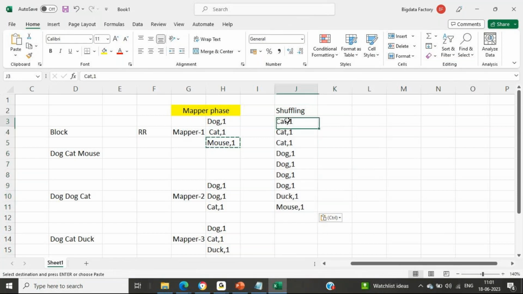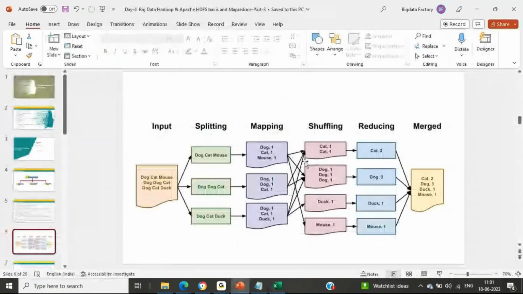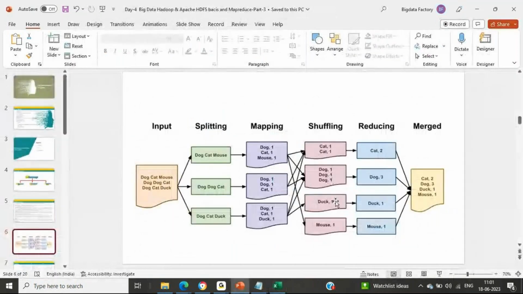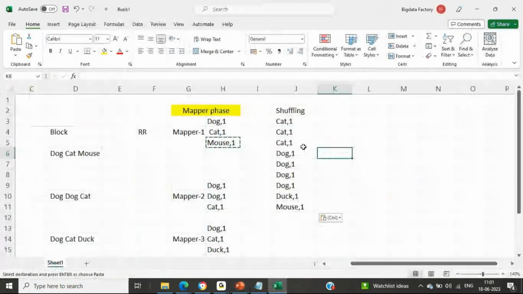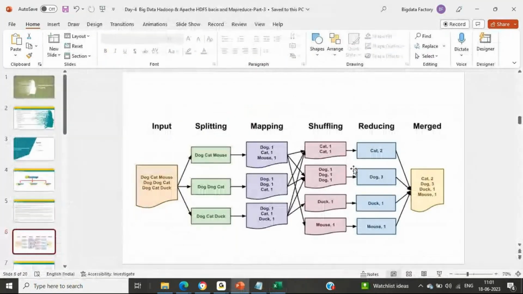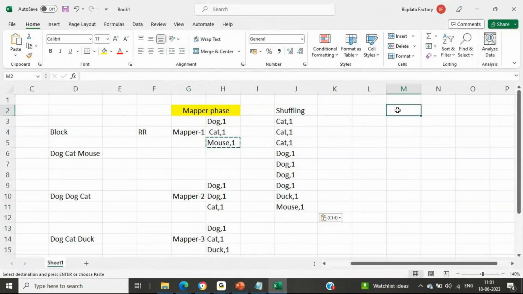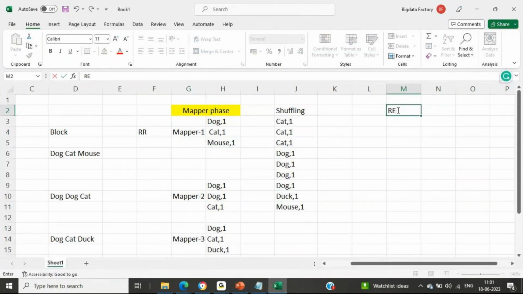Now in the example that I was showing, at this moment we were using four partitioners or four reducers, but the number is not mentioned.